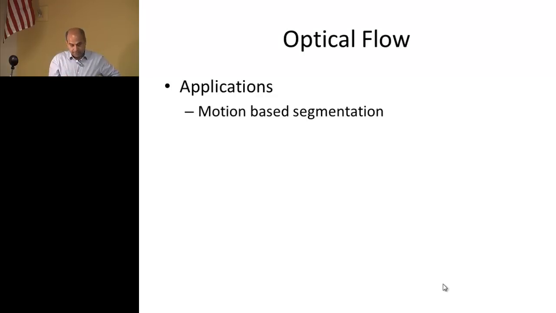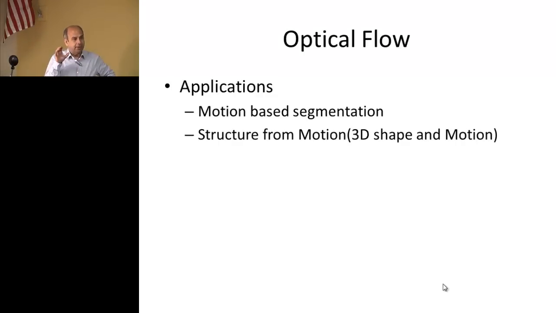The second one is that we can recover the 3D information, which is called structure from motion. I can estimate how the camera is moving or people are moving in 3D, and also their shape in 3D. Because I have a sequence of 2D images, I don't know 3D directly.